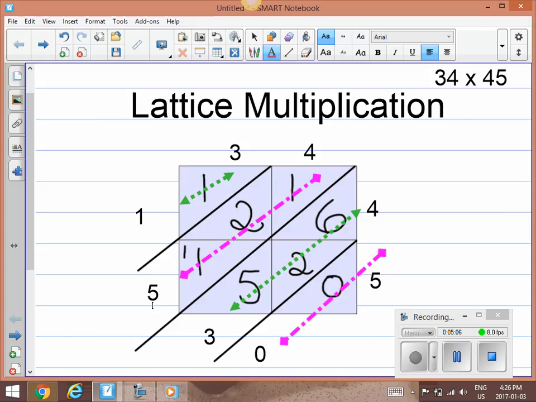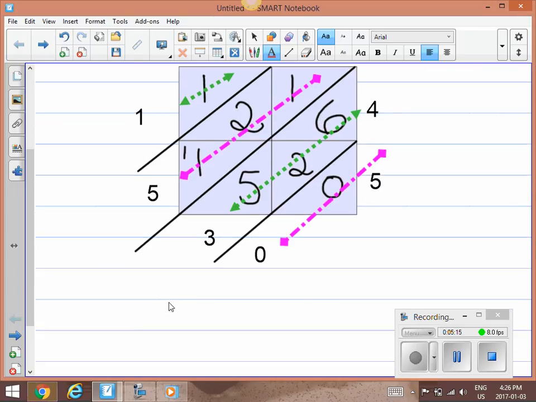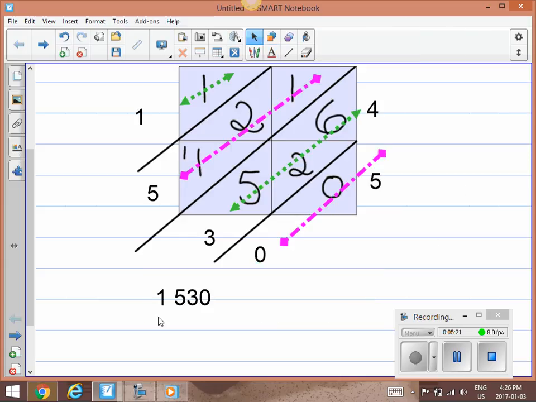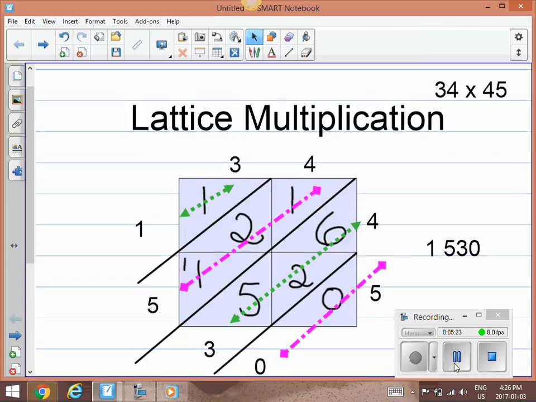So we take these digits and we read them from left to right. So 1,530.